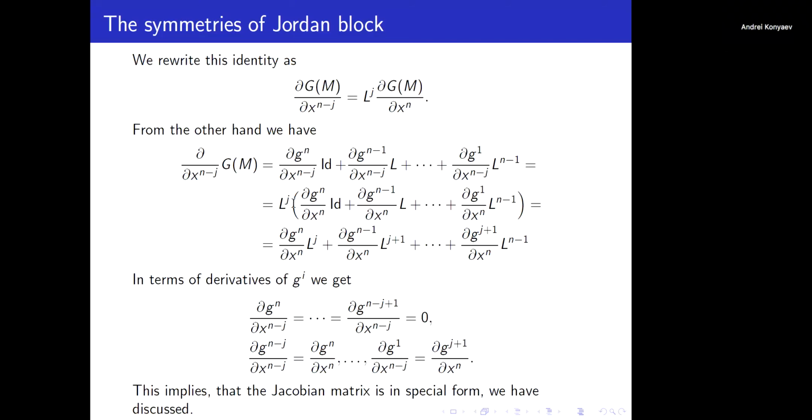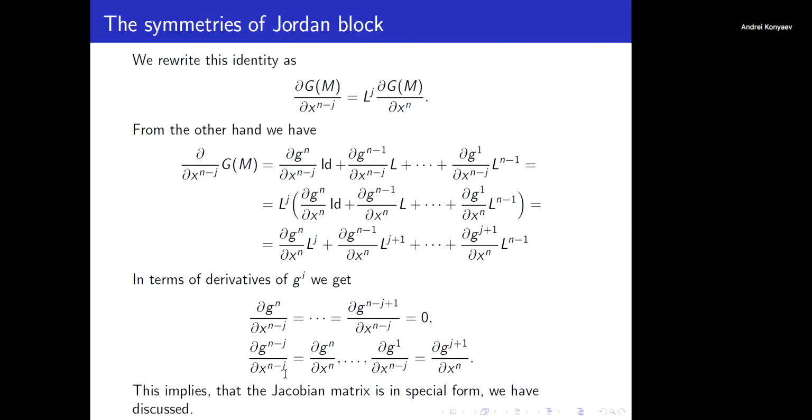You see that L^{n-1} L^j, for any j, yields, I'm sorry, yields 0. And that is why we get this tail. From one hand, we have this formula, and from the other hand, applying this condition, we get this formula, so we have a relation between the derivatives of g. These are exactly the relations we wanted. We see that these g's are related as we wanted. The Jacobi condition is diagonal in the form we needed.